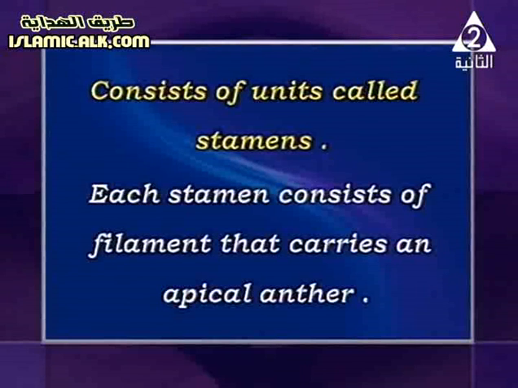Filament, and this filament carries a capsule-like, tiny part, which is called the anther. So each stamen consists of a filament, and this filament carries what? The anther. This is the factory for manufacturing pollen grains inside the male reproductive organ of the plant.